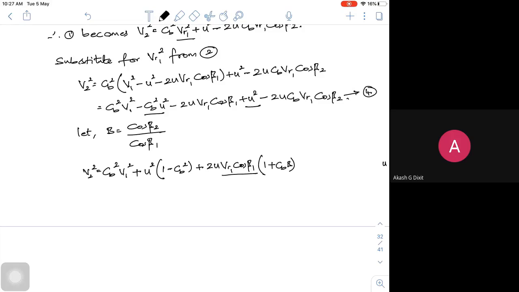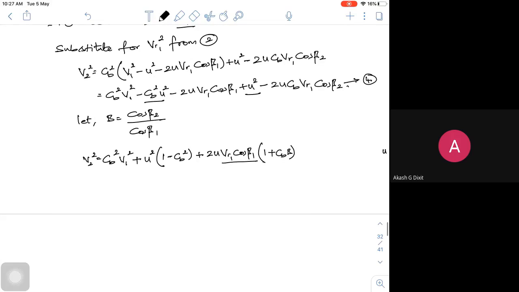Now I got this particular thing in terms of phi and B. If I want it in terms of phi, already we have defined B, and I can define the speed ratio phi is equal to U divided by V1. So that option is also there. These are further simplifications.